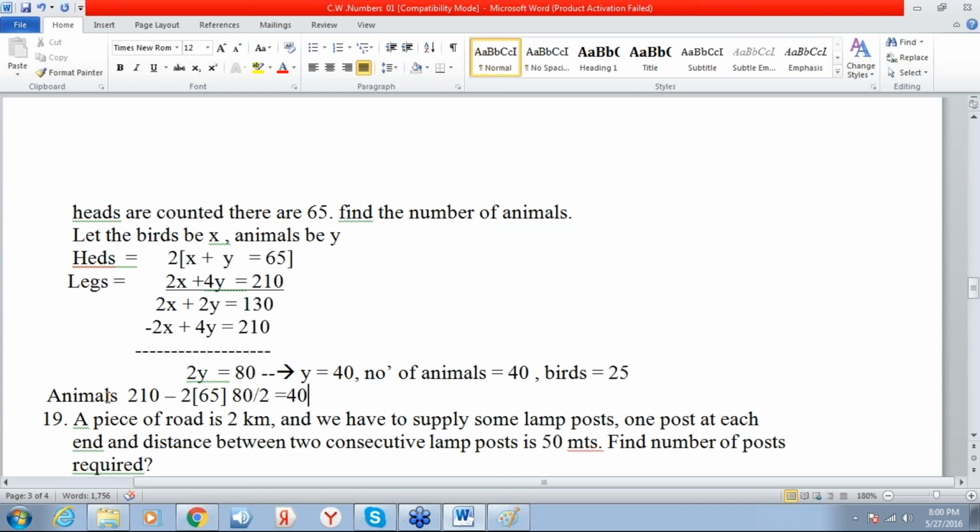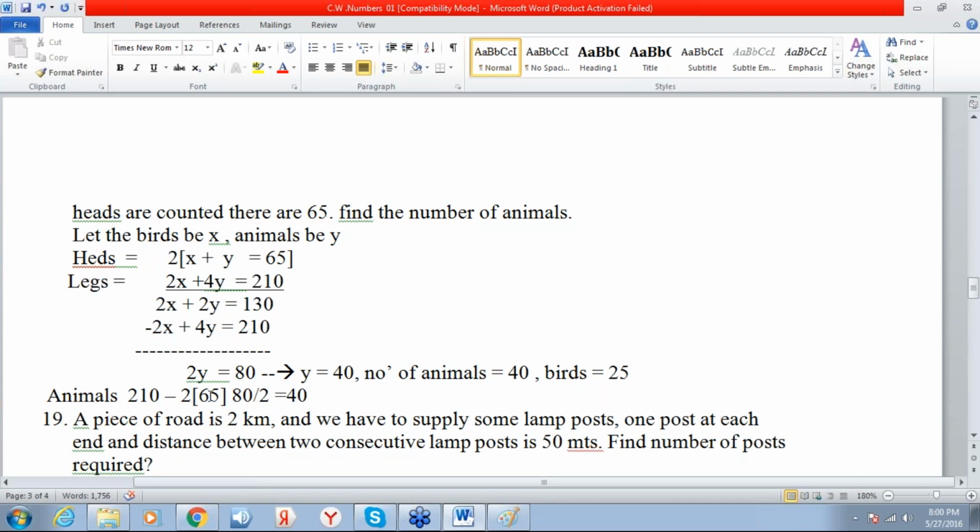While calculating this, multiplying the heads by 2, all the legs of birds and only 2 legs of animals are taken into account.